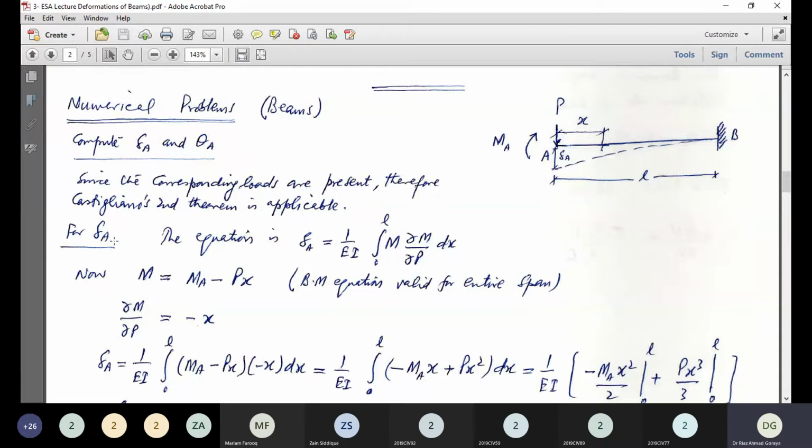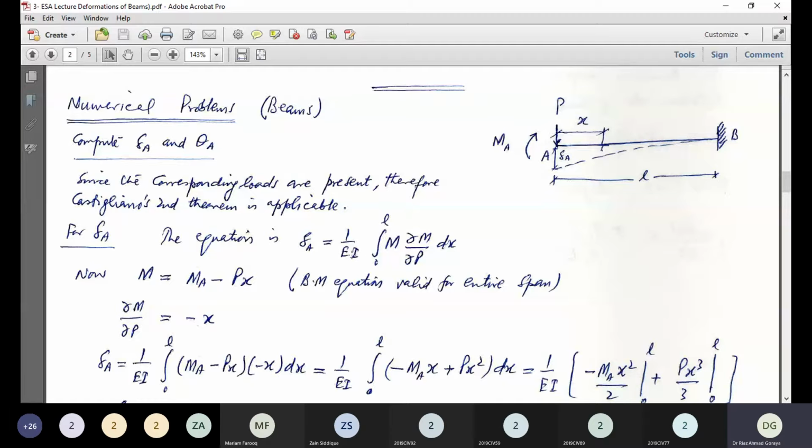Now for delta A, the equation will be, let me give you one more small hint. It is more preferable to use this form of equation, M partial M over partial P, where the general terms are there like P, M, A, and where the specific values of the loads are given, then the small m equation is more convenient to use.